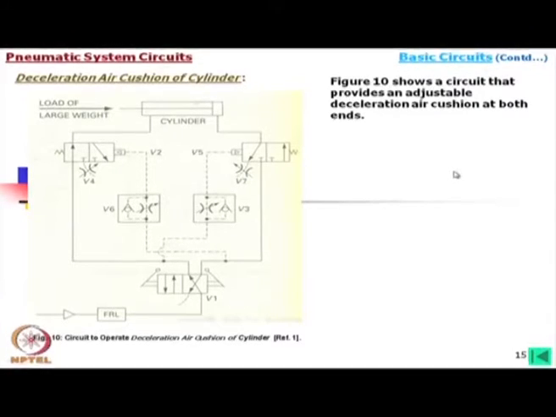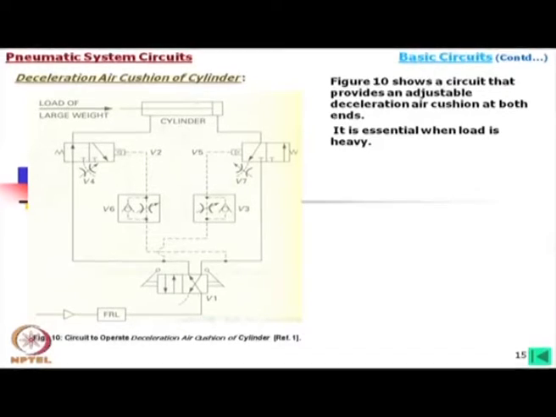In many cases, particularly where the heavy load is there, we need a cushioning effect at the end of the cylinders. The cushioning effect is also used in case of hydraulic cylinders.